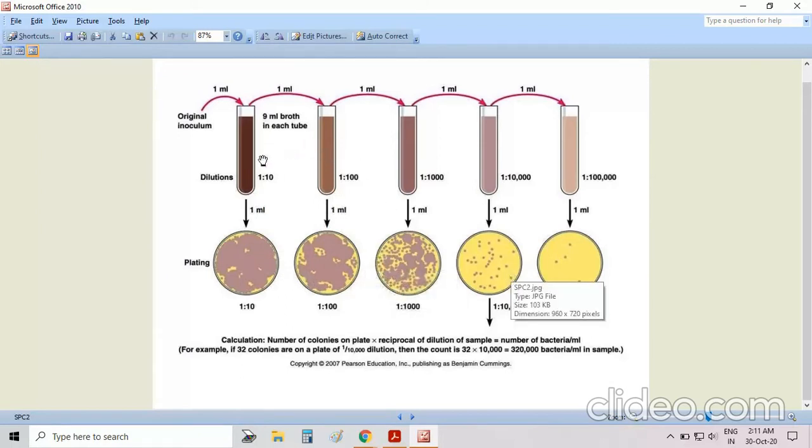After adding 1 ml of the water sample to the nutrient agar, we have to mix it, and as time passes the temperature decreases, and the liquefied agar moves towards solidification.